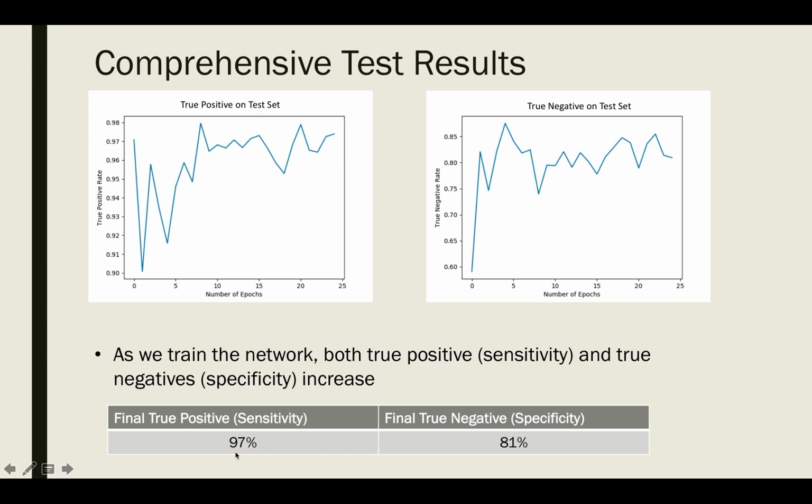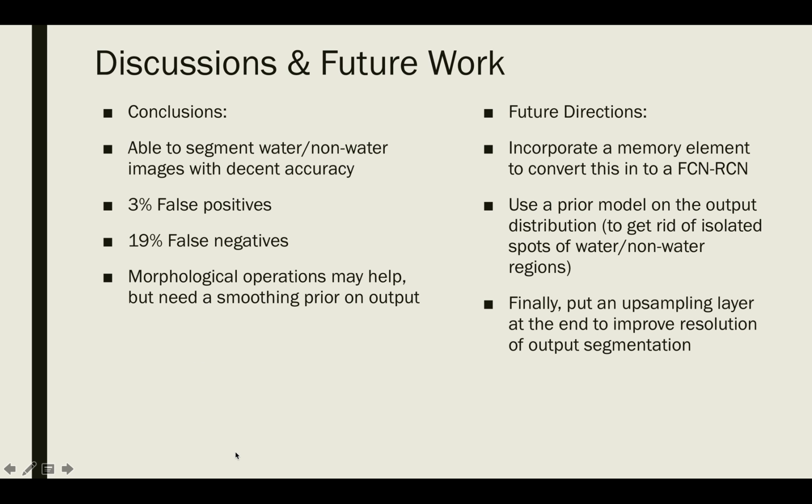Overall, we have 97% true positives and 81% true negatives, so 3% false positives and 19% false negatives. We're generally doing better on water regions than non-water regions, probably because we have more water in the videos than non-water, and that's why we have slightly better performance in water regions.